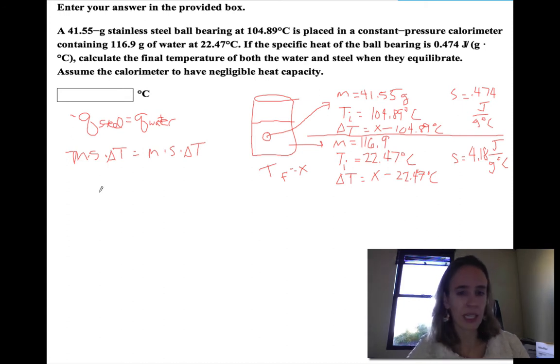All right, so let's start plugging in here. Really, this problem just ends up being a lot of algebra, because we have 3 variables on each side of this equation, but we can fill in all of them, and then our delta T's both have X's in them, so we'll end up solving for that X. So the steel ball, M is 31.15. I wrote 41.15 here, that's wrong. That should be a 3.